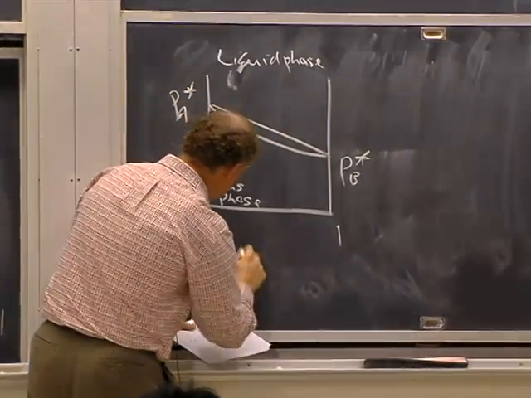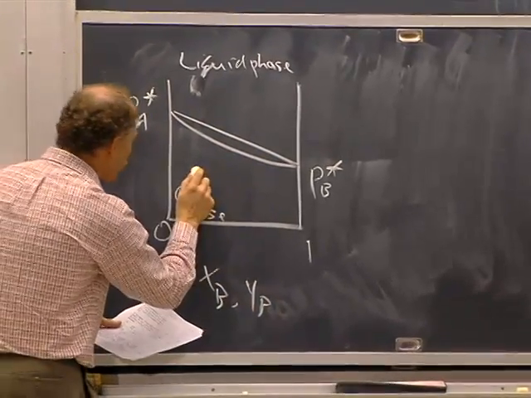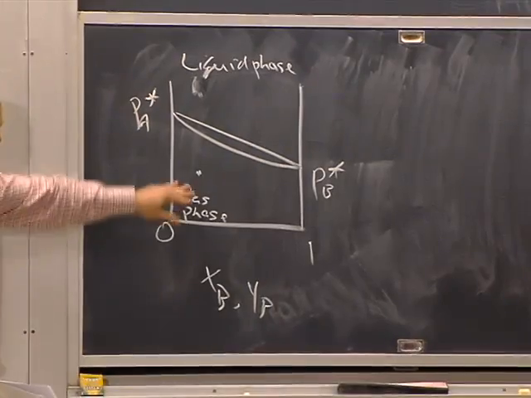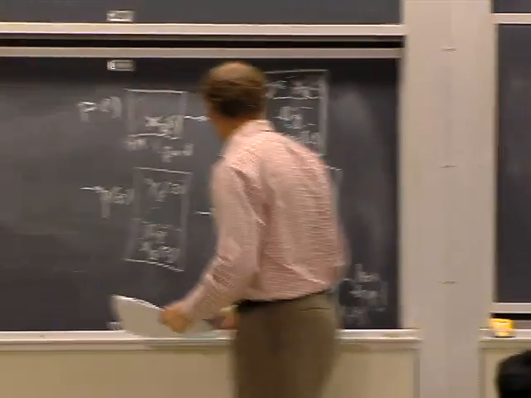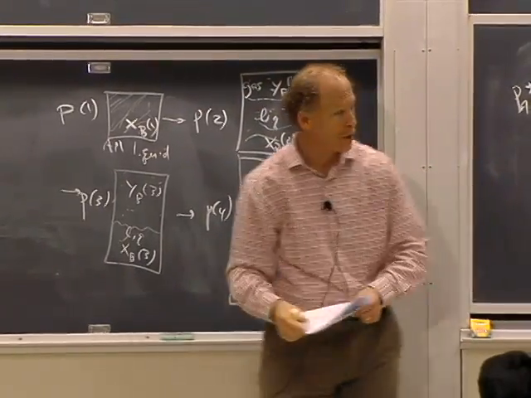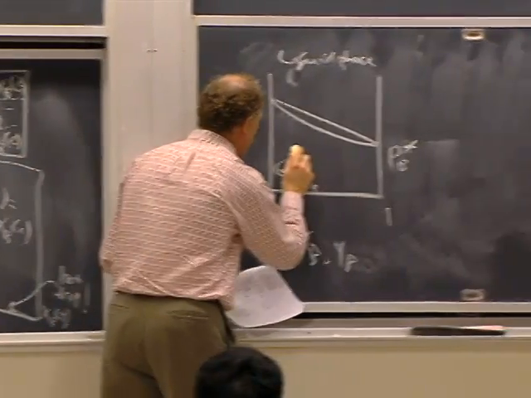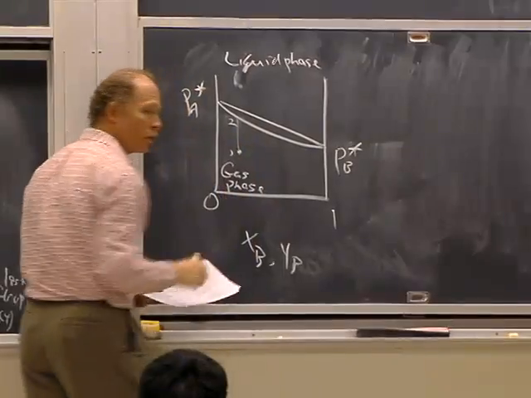Okay. And now let's start somewhere here. So we're down somewhere in the gas phase with some composition. So it's the same story, except now we're starting here. It's all gas, and we're going to start squeezing, right? We're increasing the pressure. And eventually, here's 1. We'll reach 2, right?